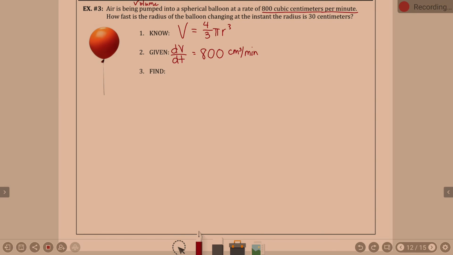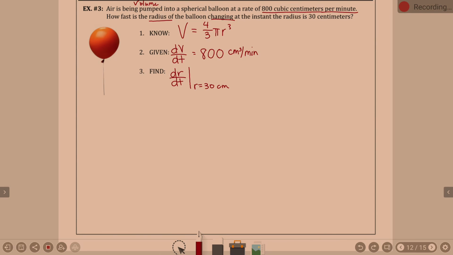How fast the radius is changing. What are we going to call that? We're trying to find dr/dt evaluated at r equals 30, when r equals 30. Good job. Okay, so we're ready to start.